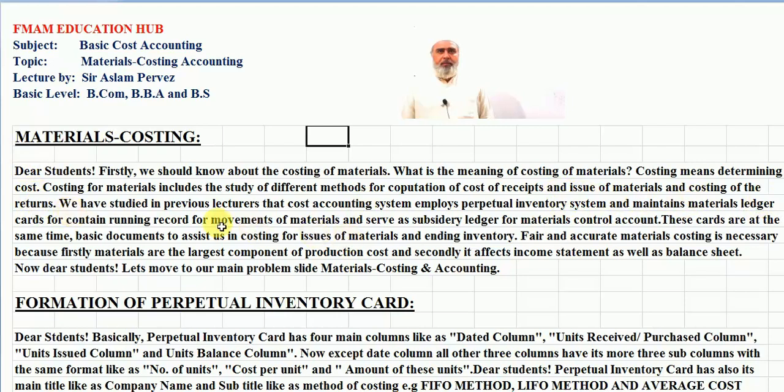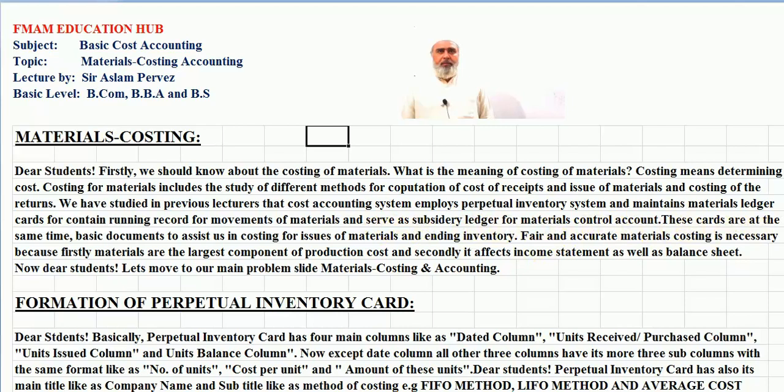We have studied in previous lectures that the cost accounting system applies the perpetual inventory system and maintains materials ledger cards, which contain a running record of the movements of materials and serve as subsidiary ledgers for the materials control account.